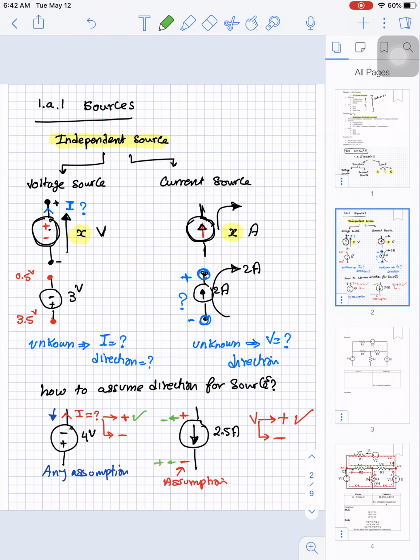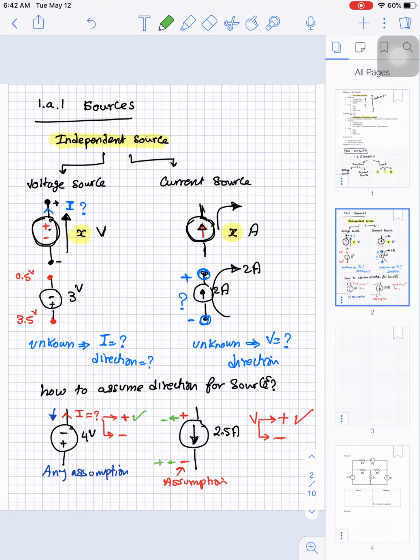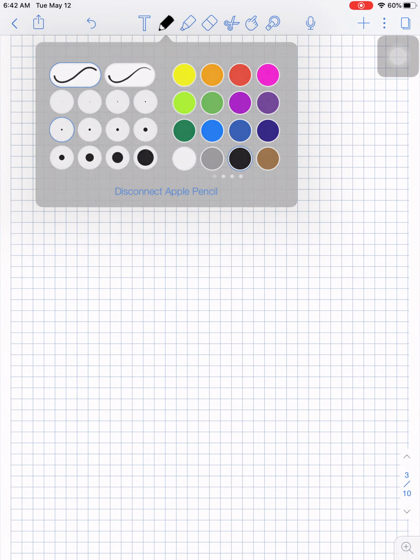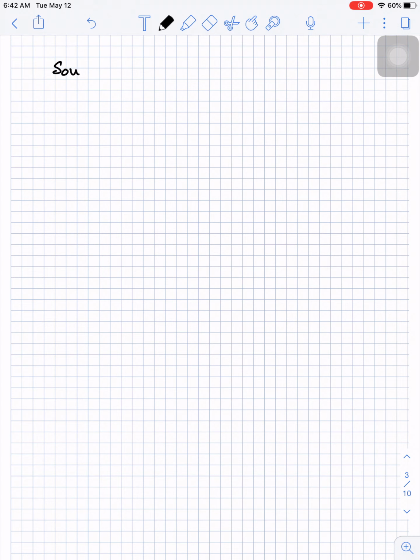So this is the agreement, or this is the way that we will do the assumptions. The logic for sources is to assume that a source is supplying power.